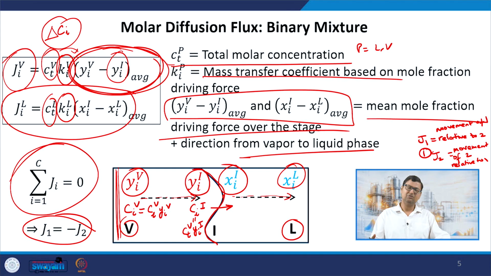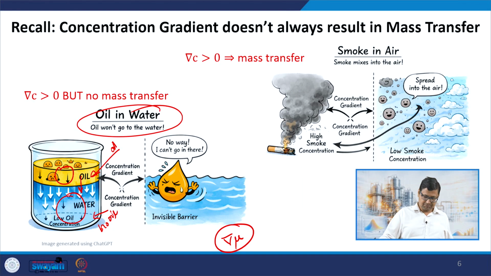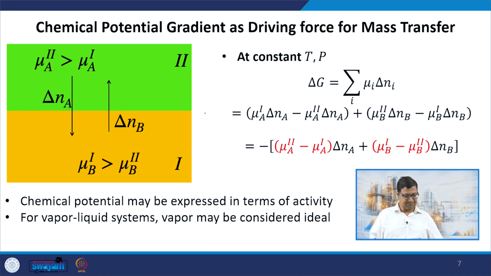It is only true for a specific situation where the components are miscible or they are in the gas phase and so on, right? Let us say the example of smoke. It is going in the air and it is a perfect example of the application of Fick's law. Here the concentration gradient is driving the mass transfer, and here for oil and water it does not, right?